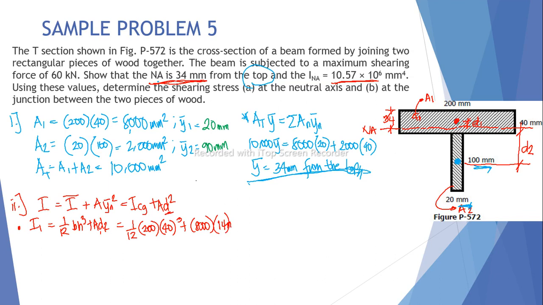Where does the 14 millimeters come from? This is a rectangle with its centroid here, and the neutral axis is somewhere here at 34 millimeters.